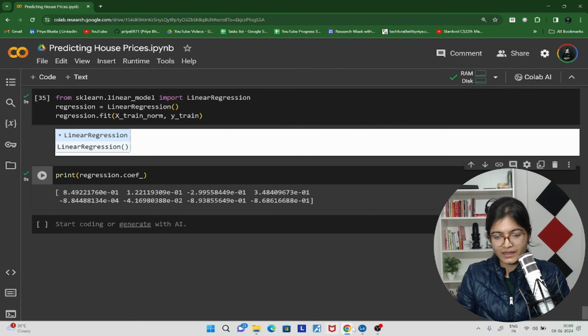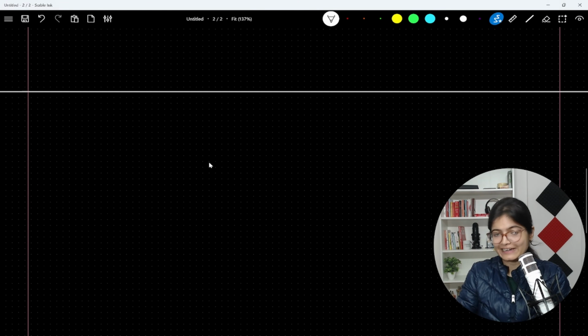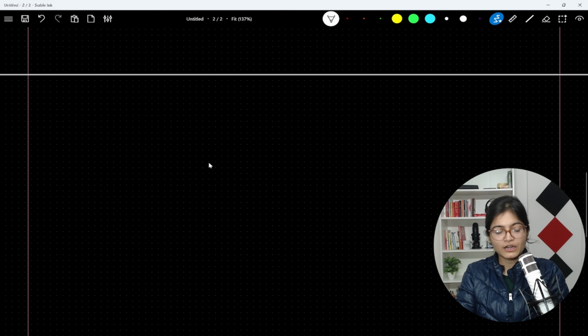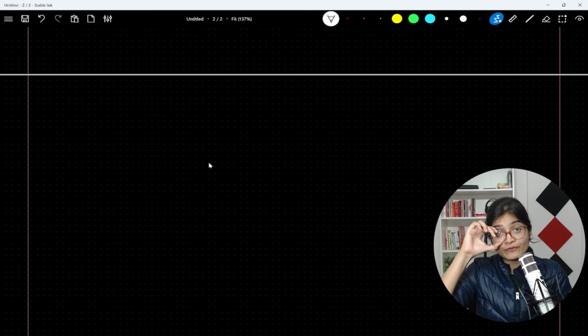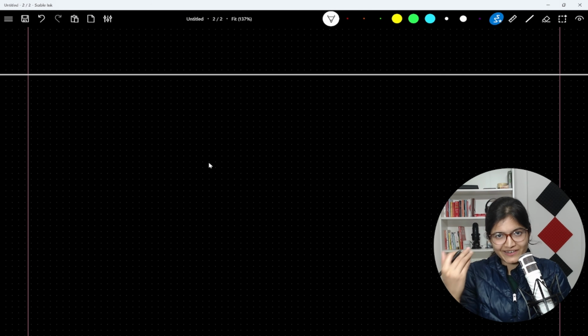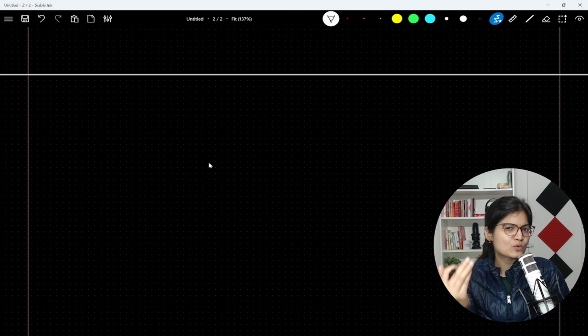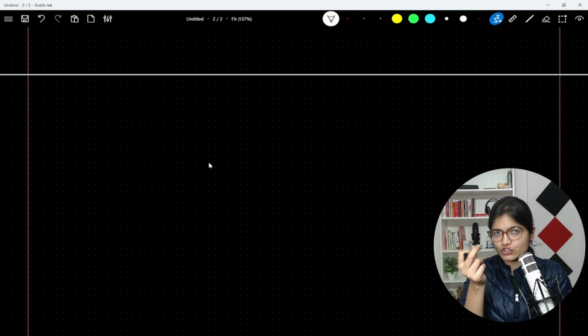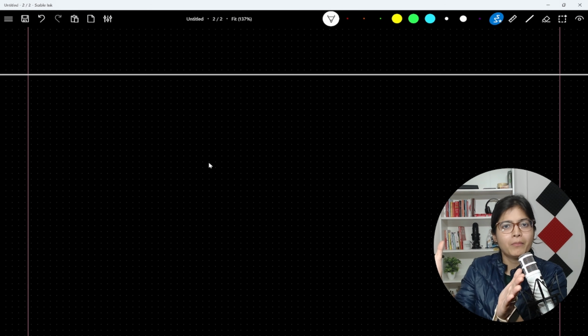Why is that so? I hope you will be able to understand this point very clearly, because here we will be having 8 features, right? So how will the equation of that straight line look in a linear regression? When I was doing the explanation, I talked about y = mx + c, considering that we have only a single feature. But in practical real-time scenarios we will be having multiple features.